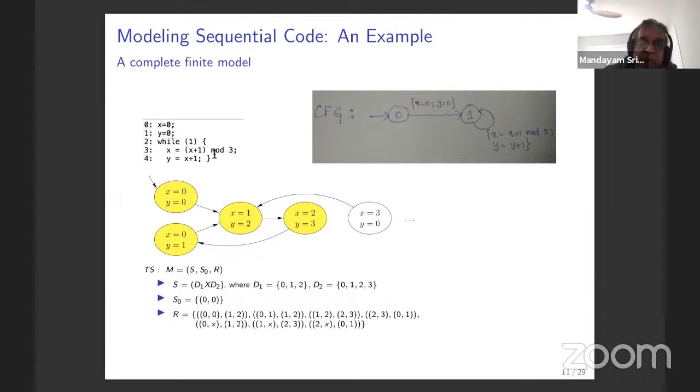If x is modified to take on x plus 1 mod 3, then from x equal to 3 I will go here. And if y is equal to 0, I will go to 1 plus 2, correct? But in this program, we have already initialized it to 0. X may be so.